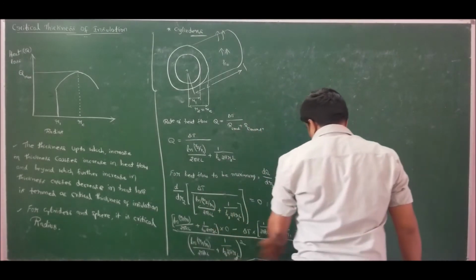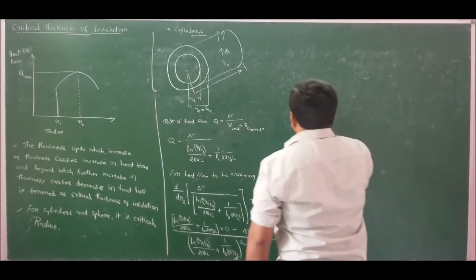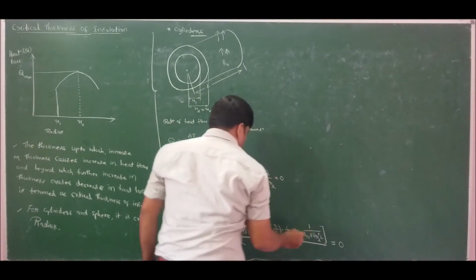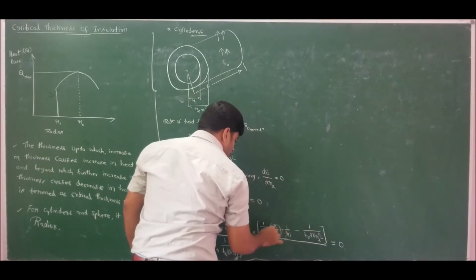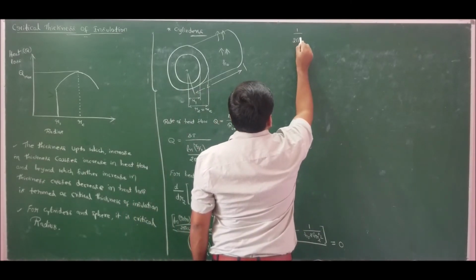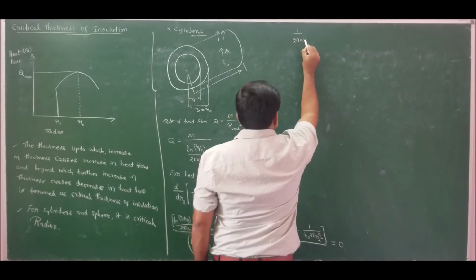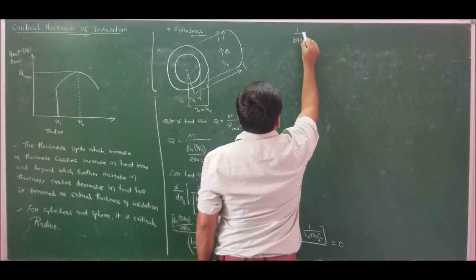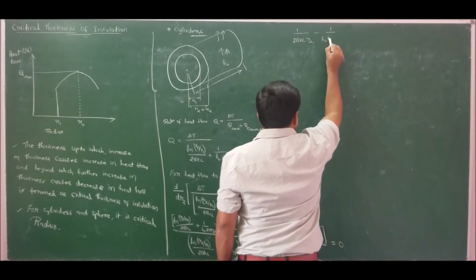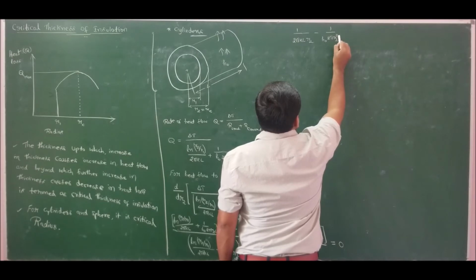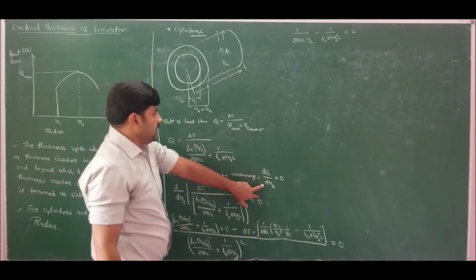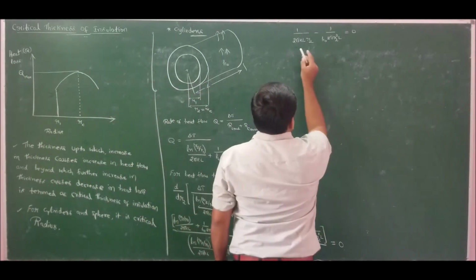Now if I solve, I can cancel off 1 by R1 and this R1, and I am left with 1 by 2 pi KL R2 minus 1 by h naught 2 pi R2 square L equal to 0. Once dQ by dR2 is equal to 0, R2 will become Rc.